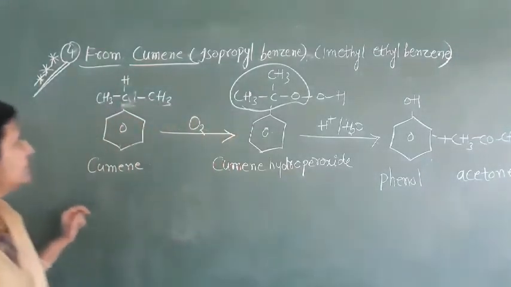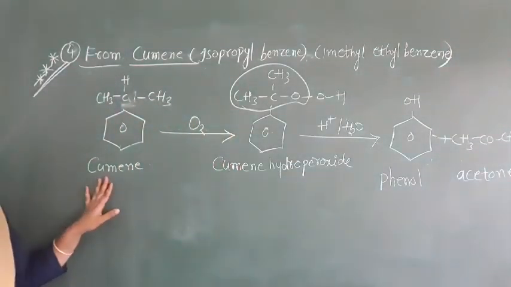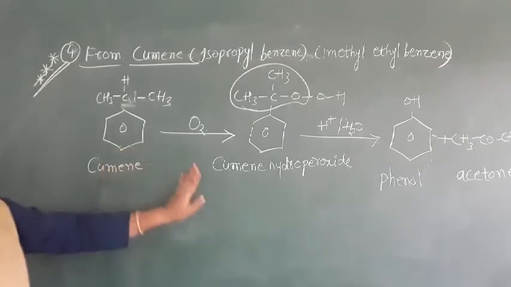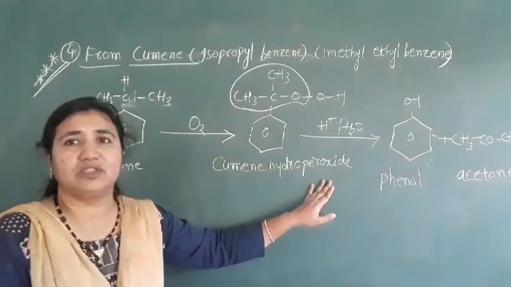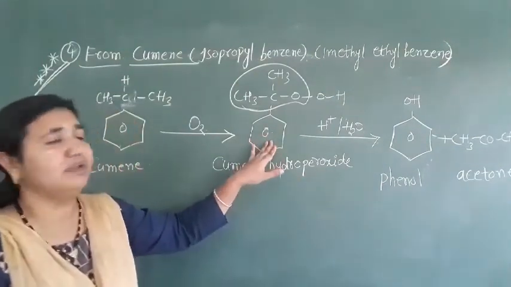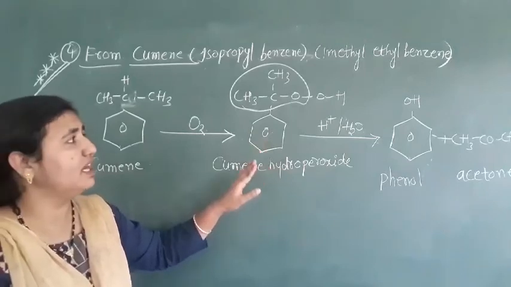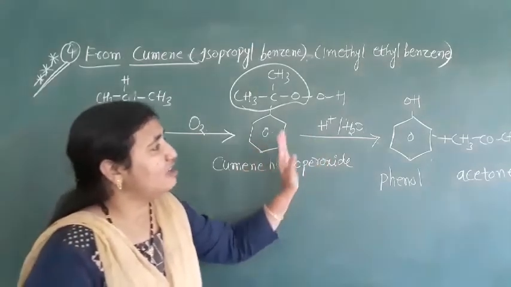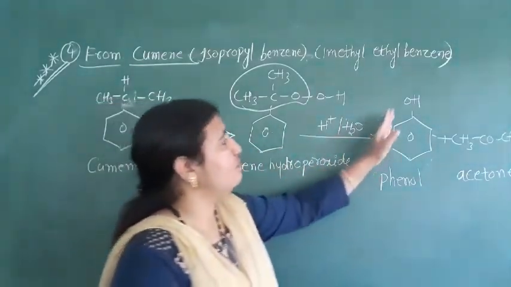So here cumene, isopropyl benzene, is oxidized in the presence of air into cumene hydroperoxide. Please remember this one: cumene hydroperoxide will form as an intermediate, which on acidic hydrolysis gives phenol.